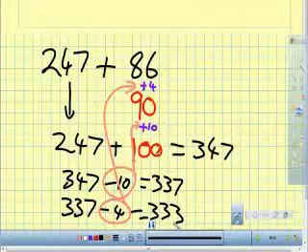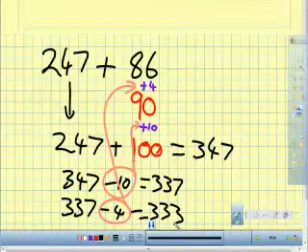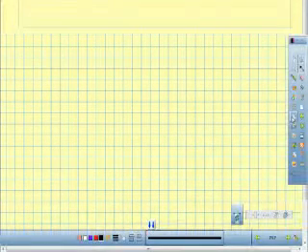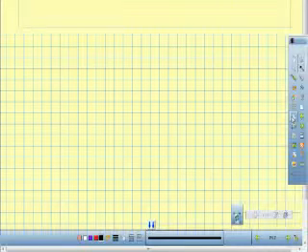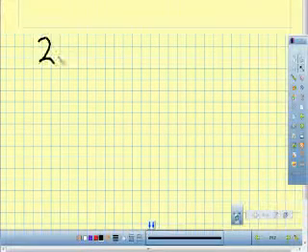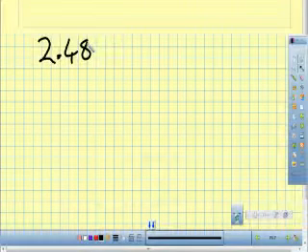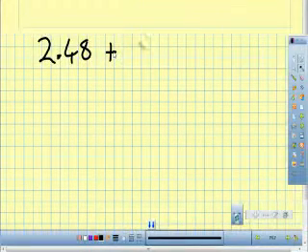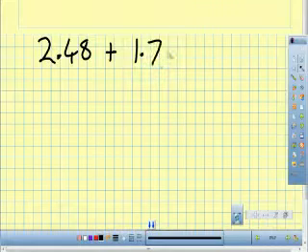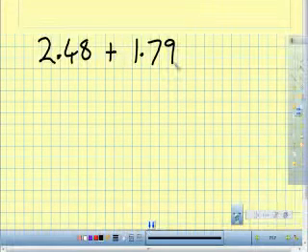So I can already hear you asking, oh, that's cool, but how do you do it with decimals? Well, let me show you. Same thing, the rounding and compensating. So here we've got 2.48, and we want to add 1.79.